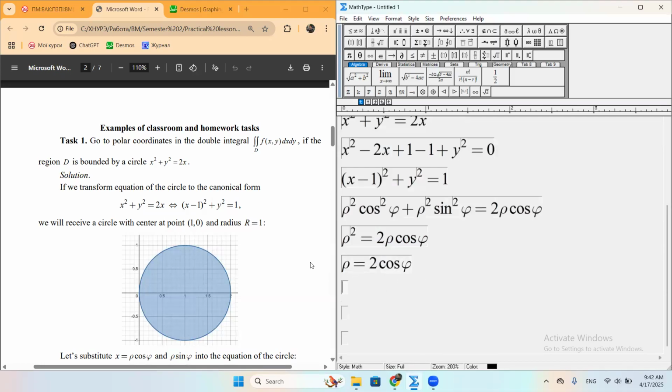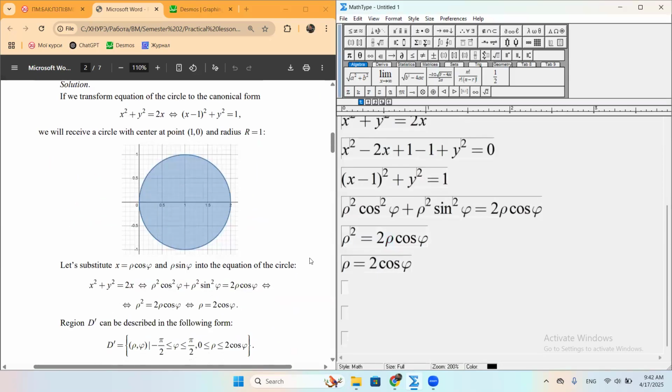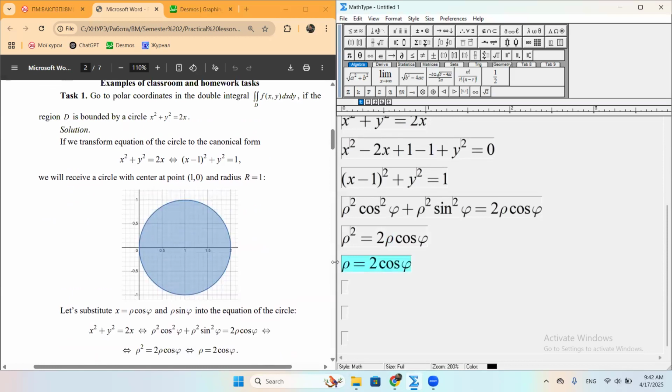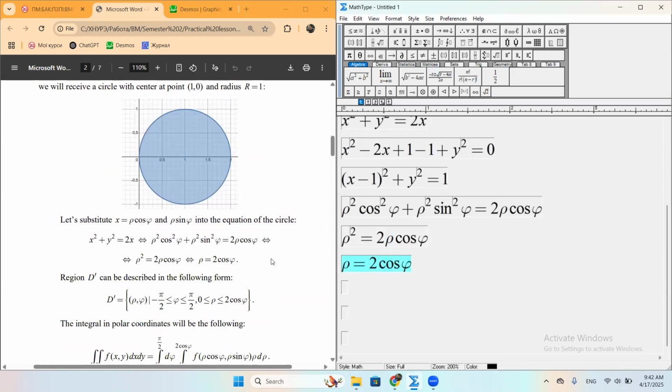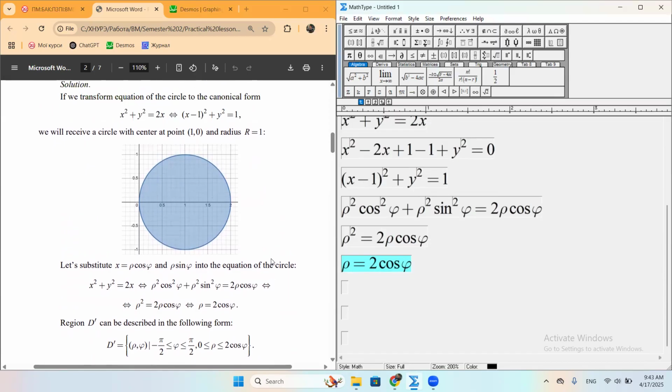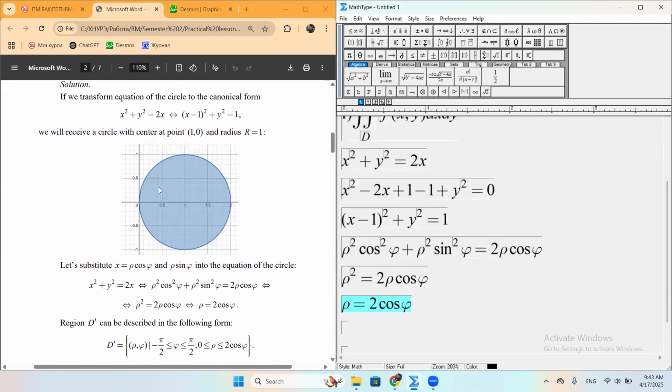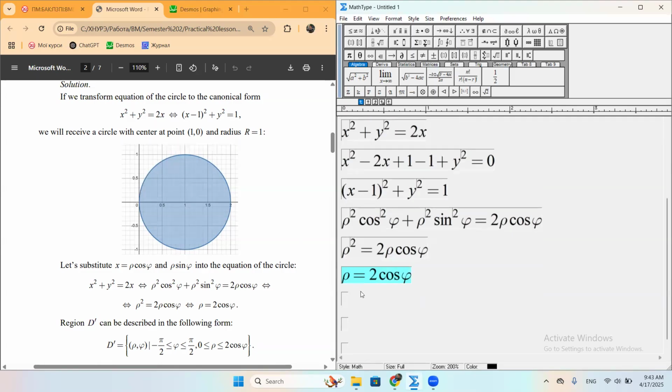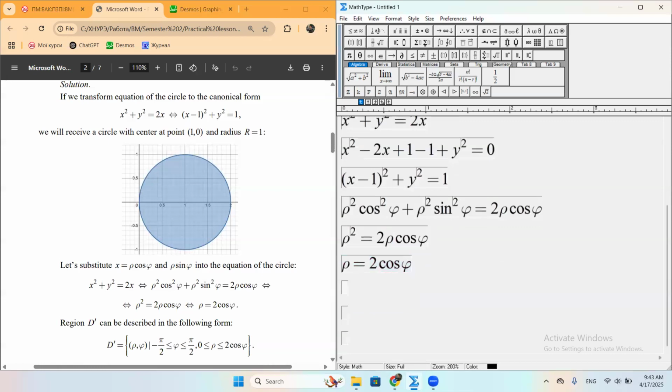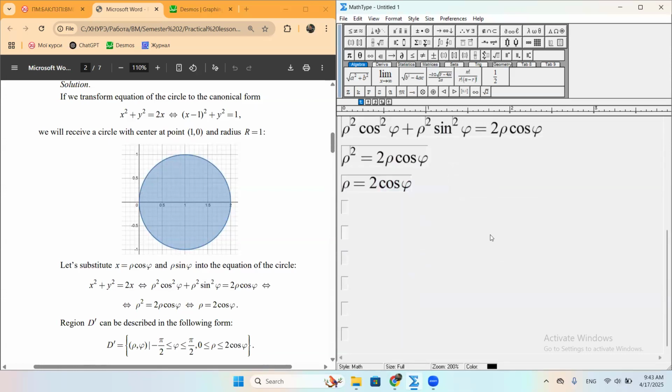So this is how our region of integration is described. By the way, what is rho? Rho is a radius, the distance between the beginning of coordinates and some point on the curve. So now let's describe the region of integration. How does phi change?